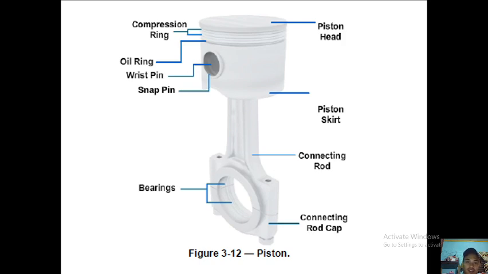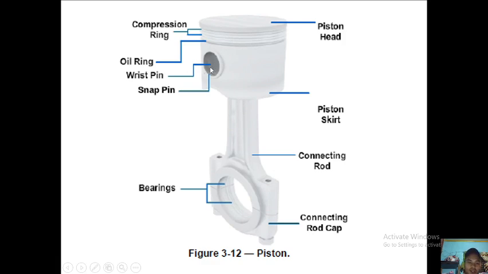Here we have the piston. The parts of the piston: we have here the piston head, this is the crown, and the piston skirt. This is for a 4-stroke engine, so the piston skirt is a long skirt. We have here the compression rings, and the oil ring or oil scraper ring.